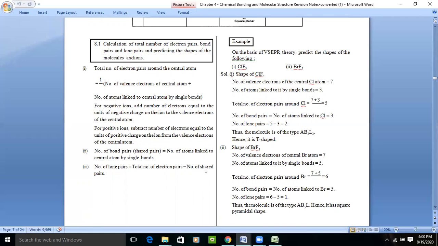If you extract the bonded pairs from the total electron pairs, you find the lone pairs. So the lone pairs and bond pairs together affect the shape of the molecule, right?